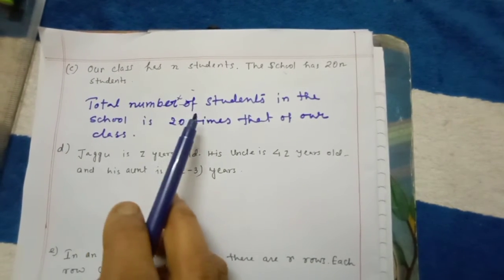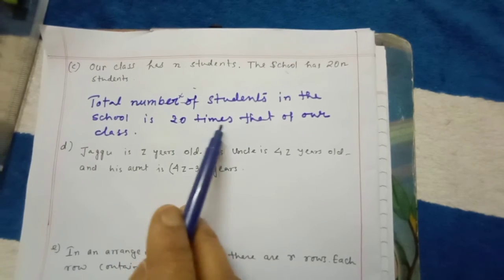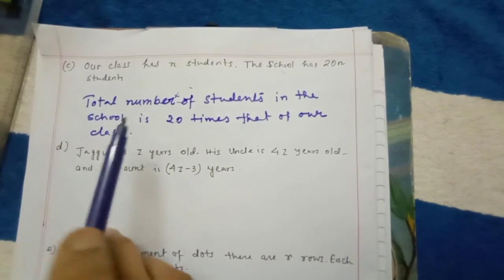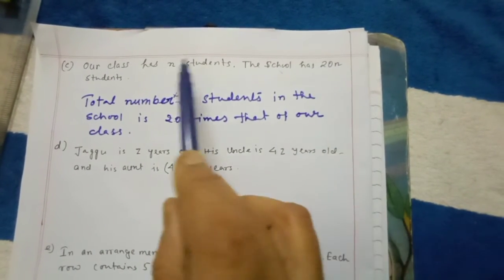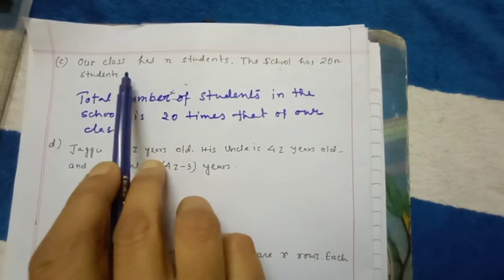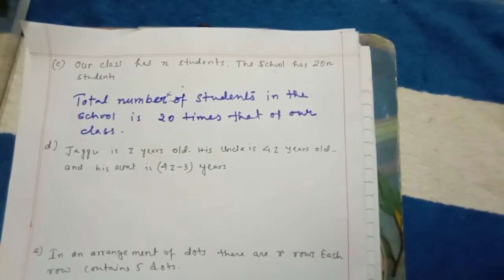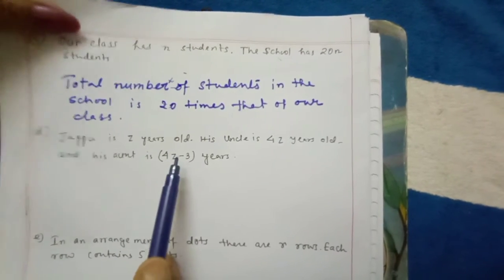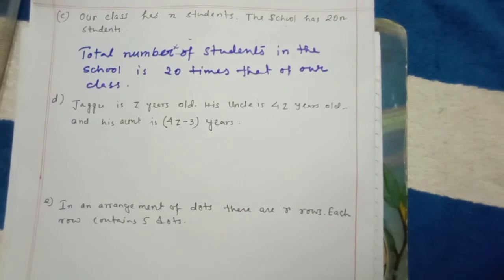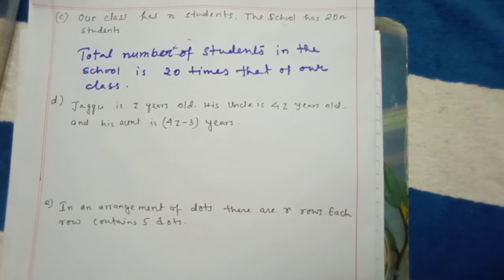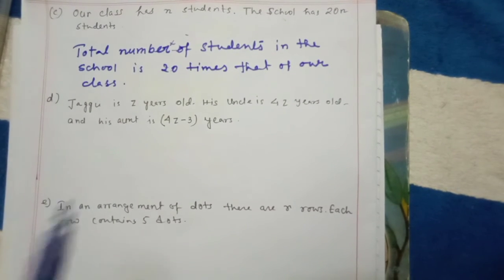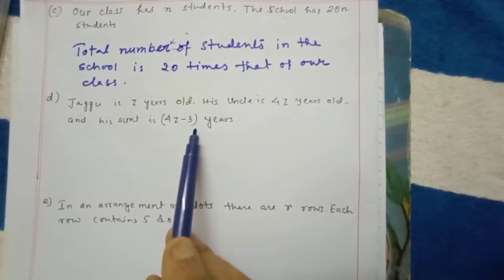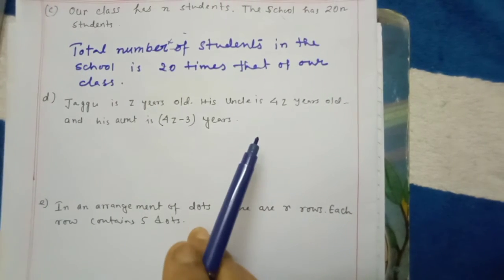Understood? In our class, n students are there. Then next question is, Jaggu is z years old, his uncle is 4z years old, and his aunt is 4z minus 3 years old. Then how can you write the ordinary statement?